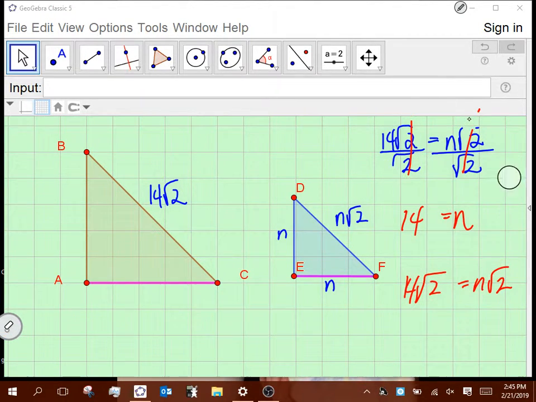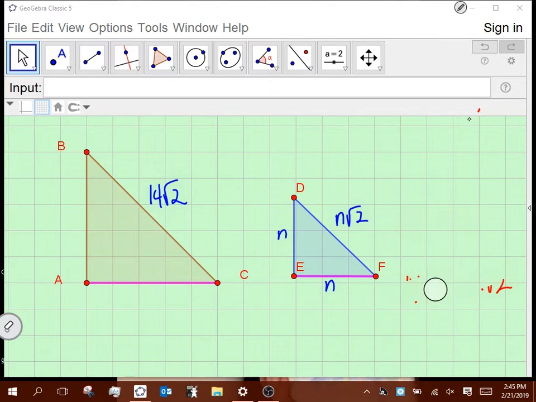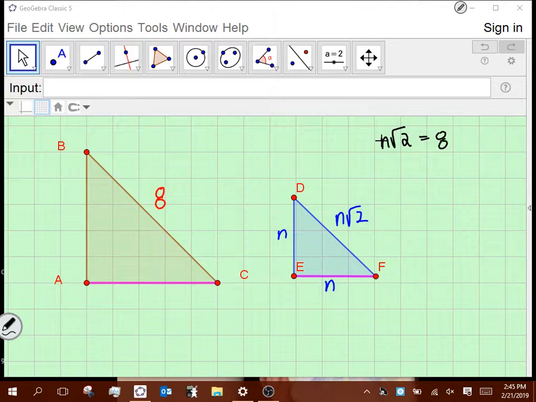It's because what happens when they give me a number like 8 here? Okay? You don't see, when I match those two things up, when I merge those two triangles, and I get the equation n radical 2 equals 8, we don't see the radical 2 that is being multiplied inside to make that 8.